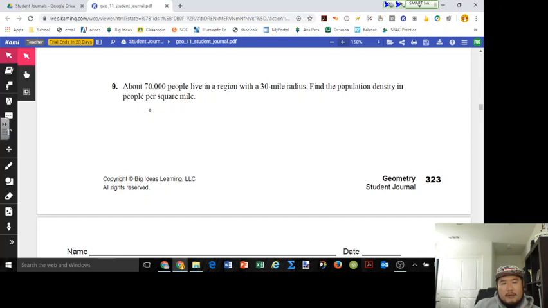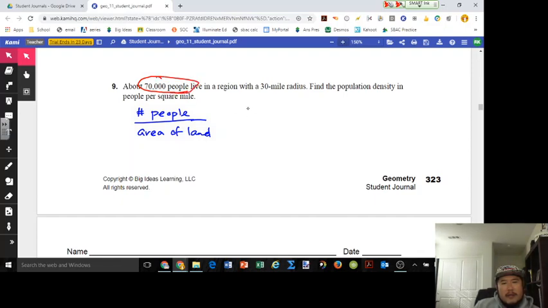I'll give you the ratio that we use right here, and it's the number of people divided by the area of the land. Okay, so if you use this, the amount of people happens to be 70,000.